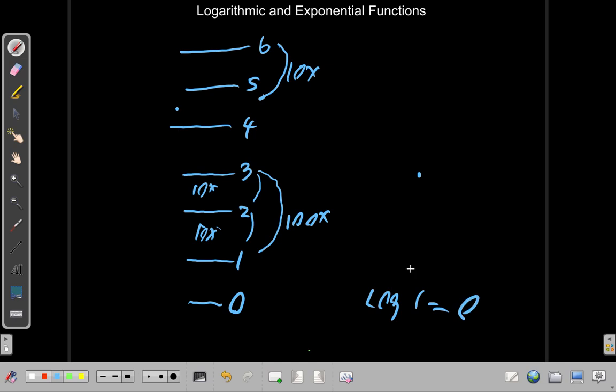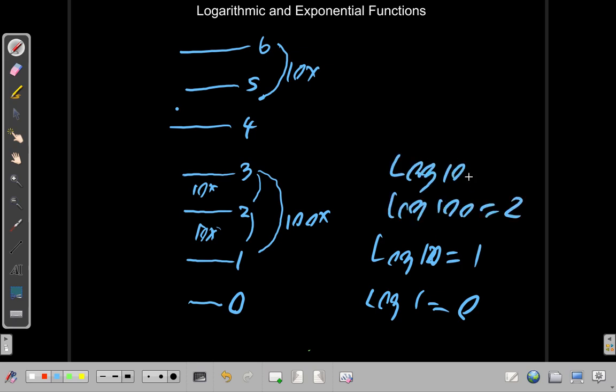Log 10 is 1, log 100 is 2, log 1000 is 3, log 10,000 is 4, and so on and so forth. What we're looking at is the logarithms.